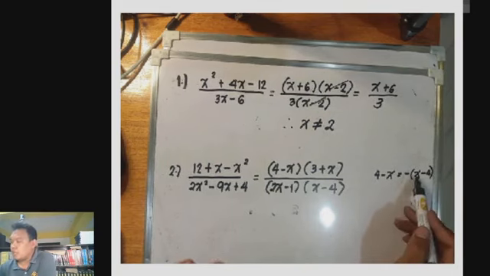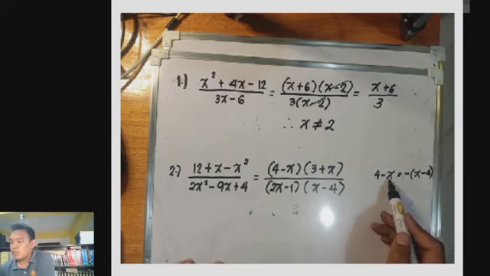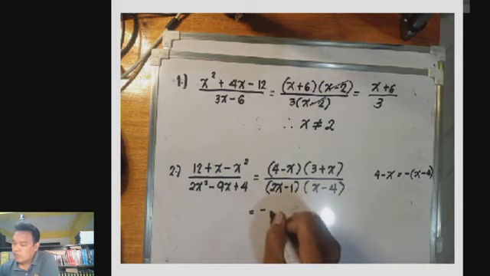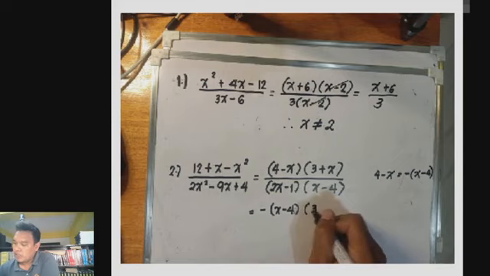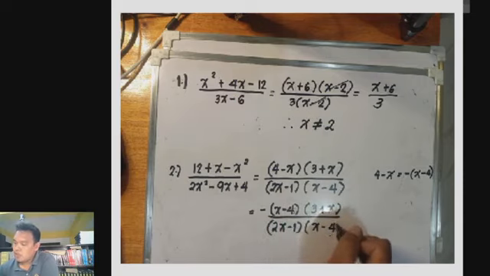Okay? So, lalabas siya na yung negative x, magiging positive x, so positive 4, tapos negative x. No? So, lalabas, we have negative (x minus 4) multiplied by (3 plus x), all over (2x minus 1) multiplied by (x minus 4).